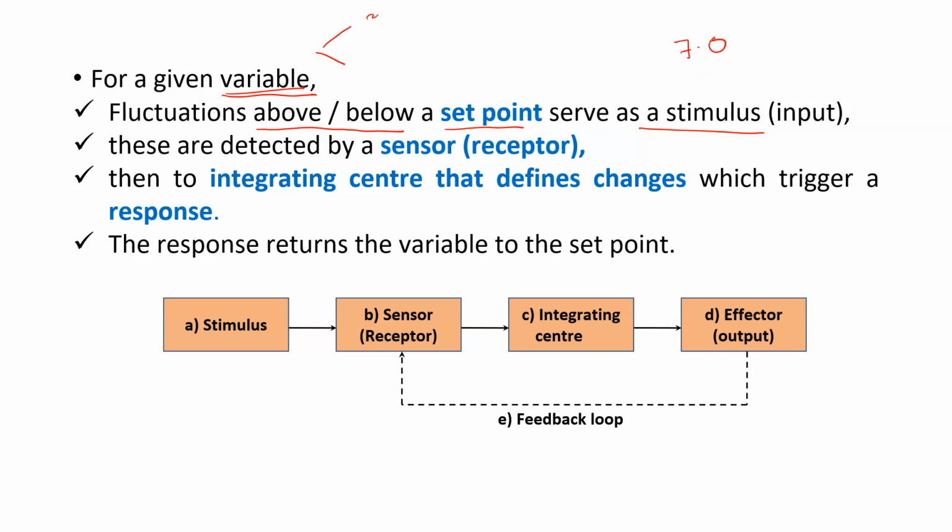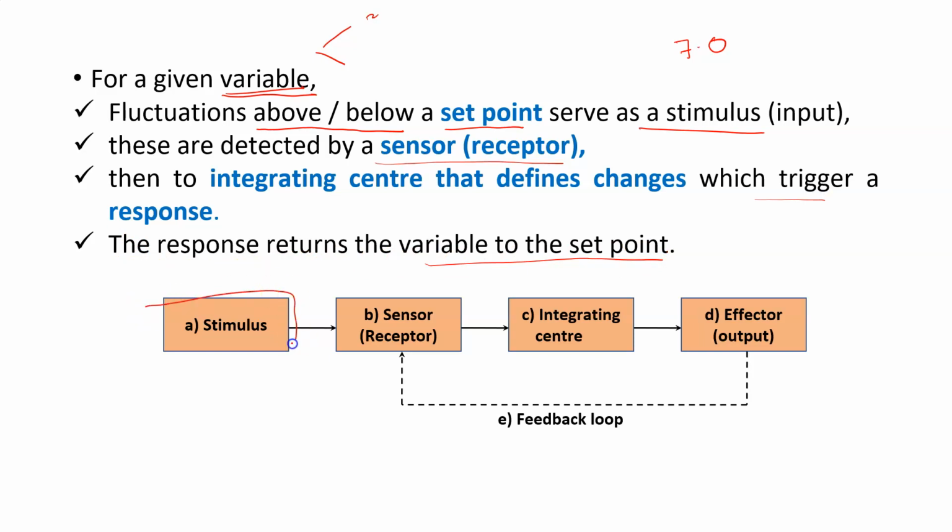Alright. So what is the mechanism that will occur? Okay. So fluctuation above or below a normal set point serve as the stimulus, the input. So these are detected by sensor receptor. Then to the integrating center, which is the brain that defines changes which trigger a response. The response return the variable to the normal set point.